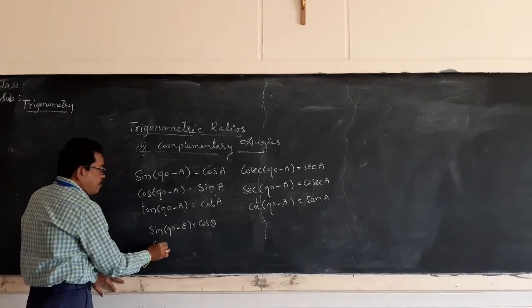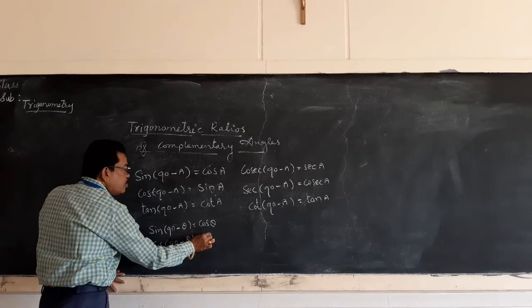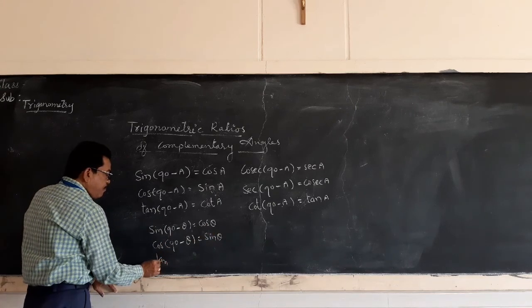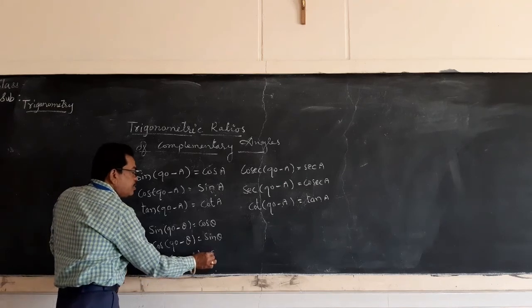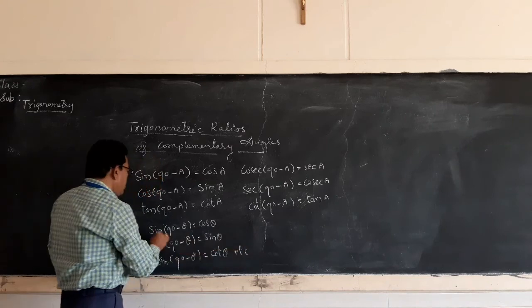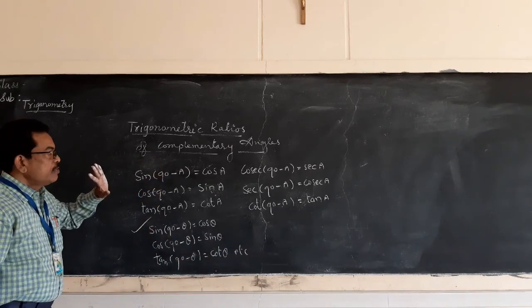Then cos of 90 minus theta equals sin theta, or tan of 90 minus theta equals cot theta, etc. You can use angle theta or angle A.